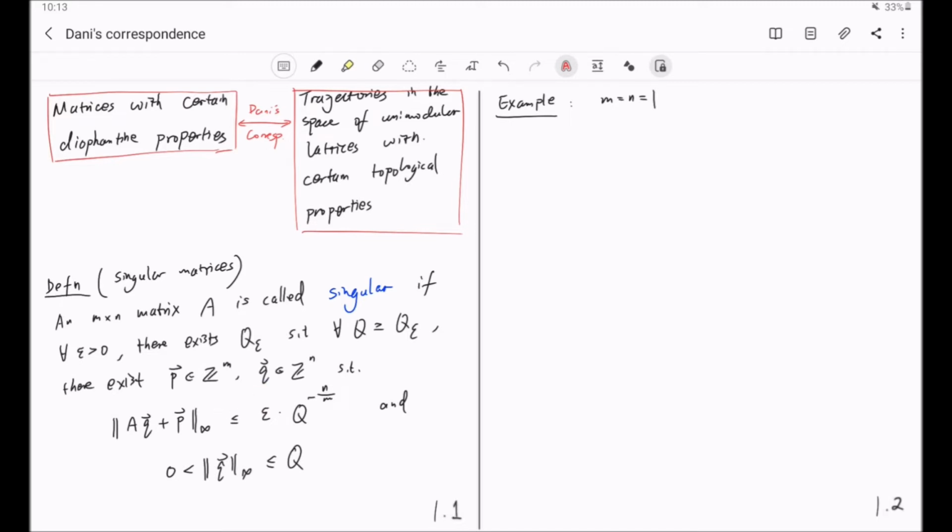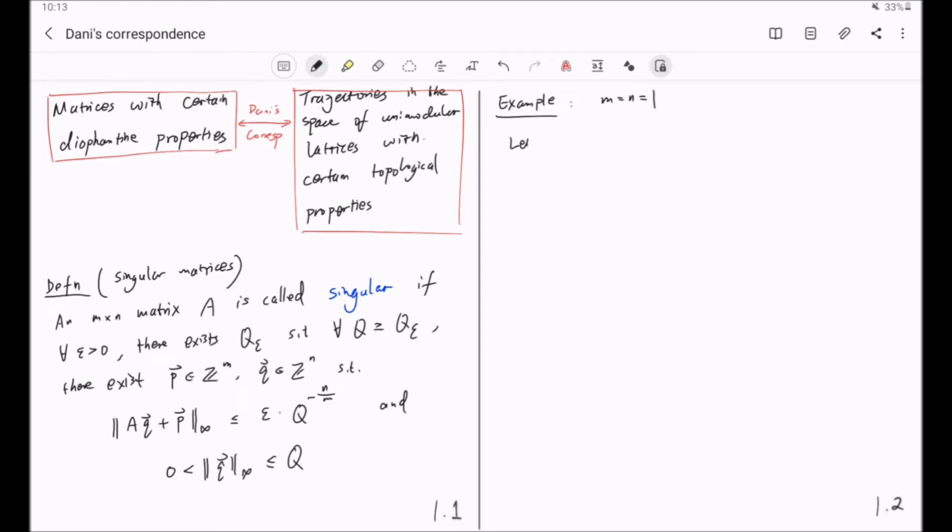I will tell the answer later. What kind of number do you think will satisfy this property? I believe it is not hard for you to see that any rational number will satisfy this property.